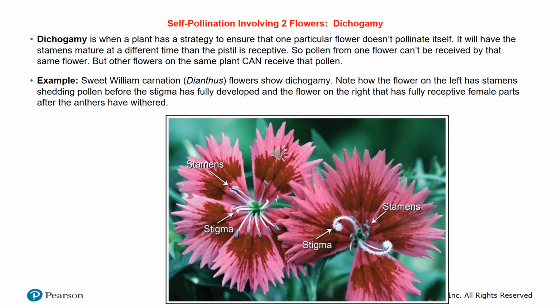So within one flower, you would not have the stamens and the pistil mature at the same time. Pollen would not be produced when the stigma is receptive. They'll be at different times to make sure that even though they're on the same plant, they're ensuring some kind of movement of pollen from one flower to the other. And each one will have different genetics, so it does ensure some genetic diversity.